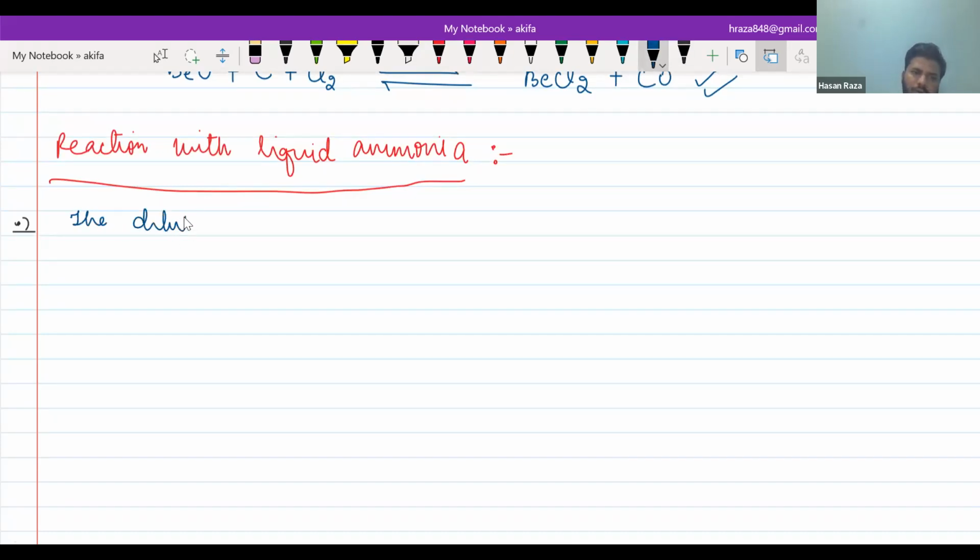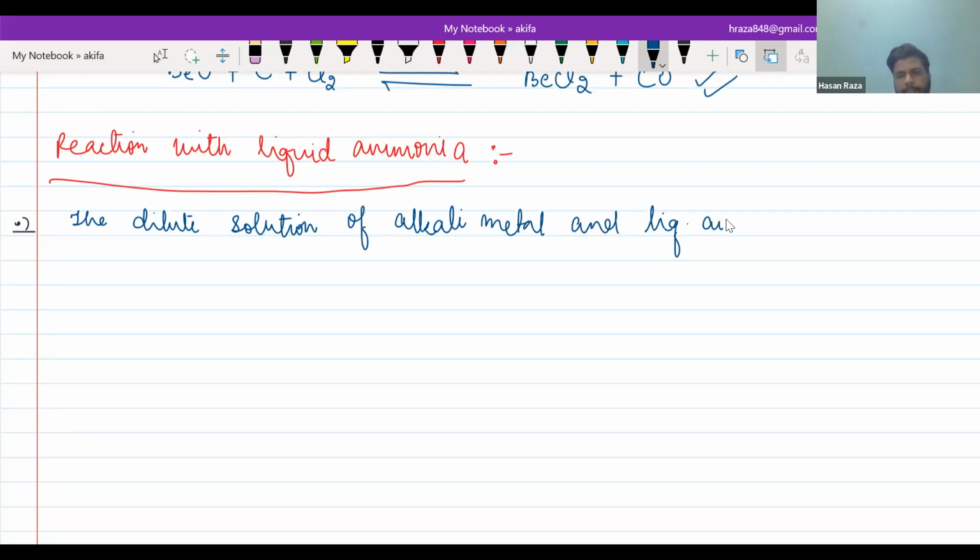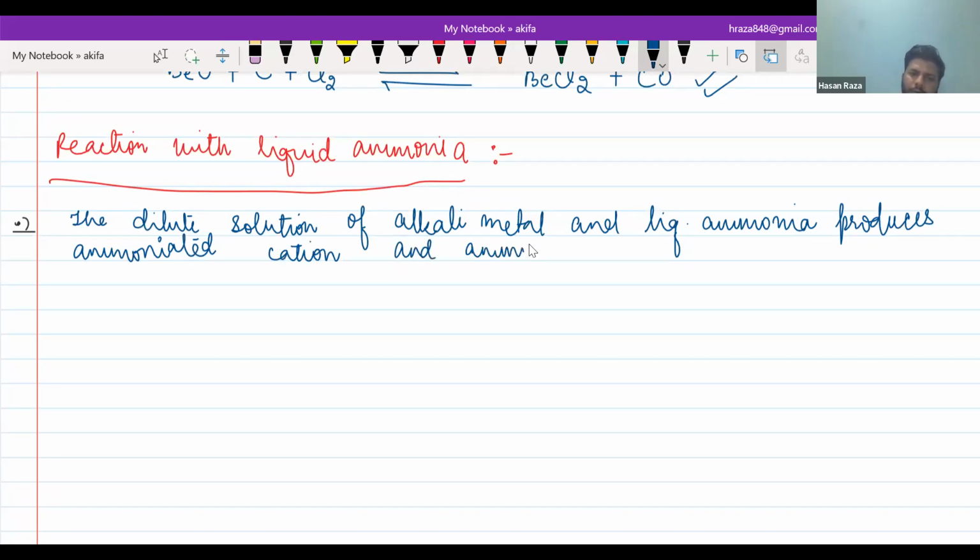The dilute solution of alkali metal and liquid ammonia produces ammoniated cation and ammoniated anion.